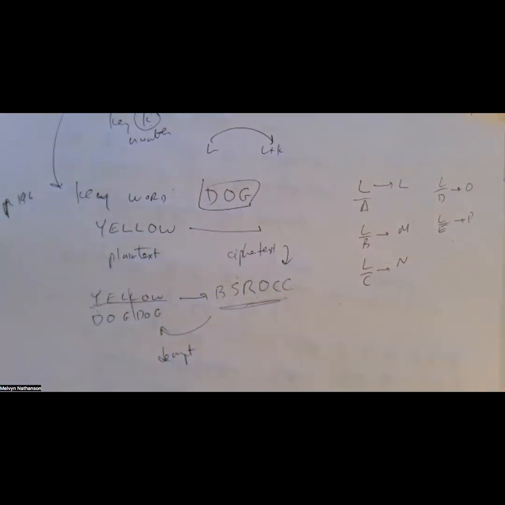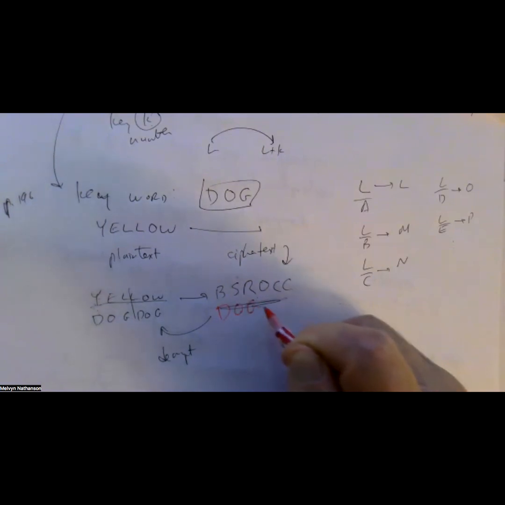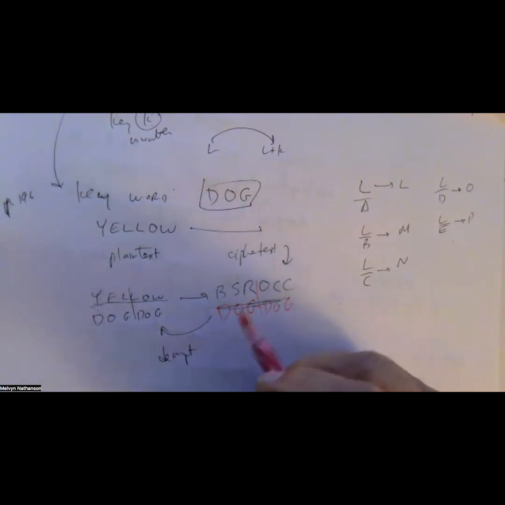The same way. Here's the word, the ciphertext, D-O-G, D-O-G. So if you know the key word, right? What makes this possible, what is kept secret, is the key word.